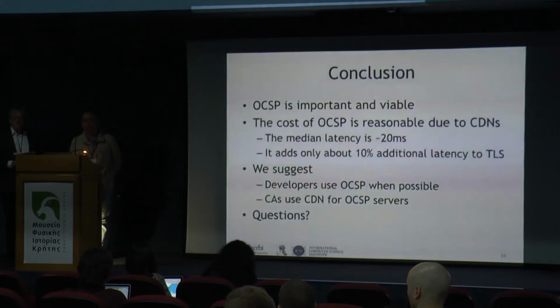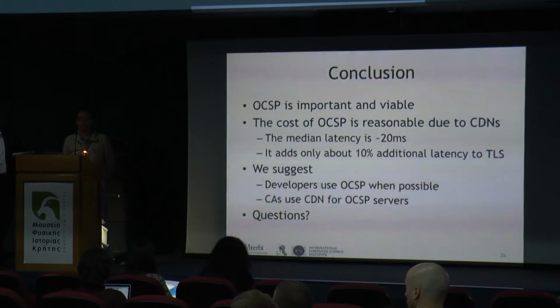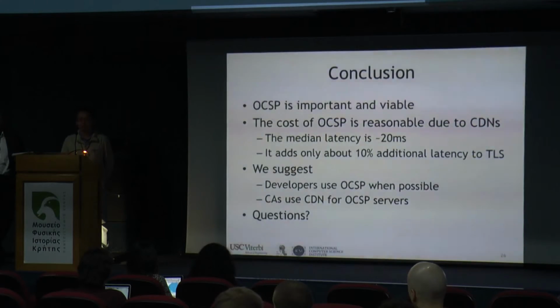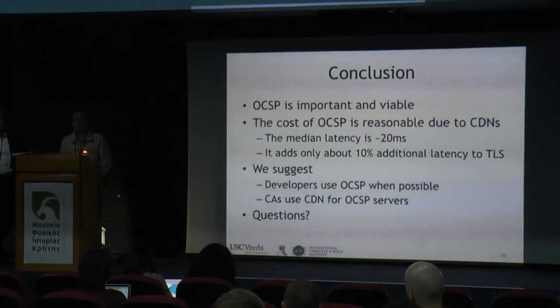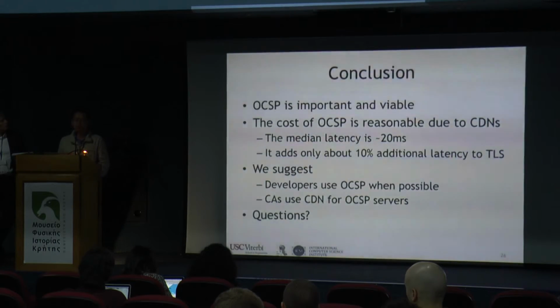If you sample the IPv4 address space in a different way, you can get a different result. If you check lower popularity sites, like the tail of the Alexa top 10K, do these results still hold? We only checked the top 1,000. We do not check the tail.